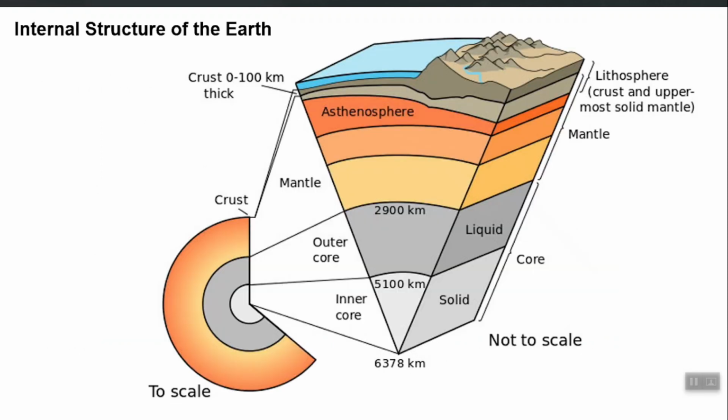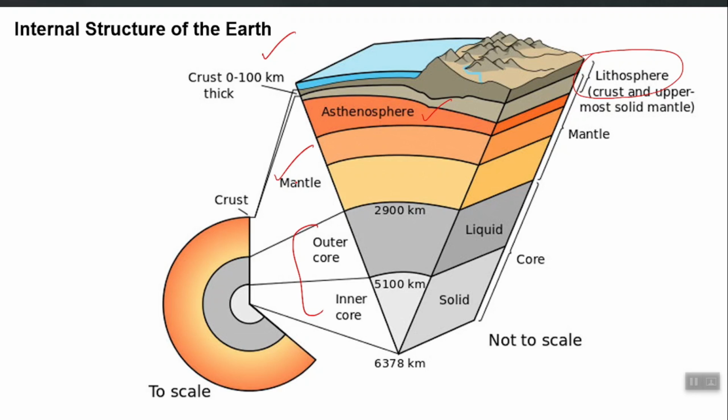This is the simplest representation of Earth's structure. We have crust, then mantle, then core, outer and inner. On the other side, you have another classification, that sometimes we say that crust and some upper part of the mantle, we combinedly call it lithosphere, and then below that is the asthenosphere, and then other layers, right.